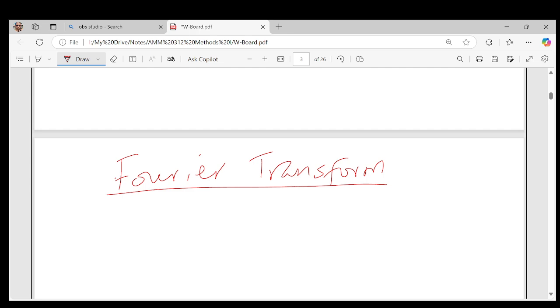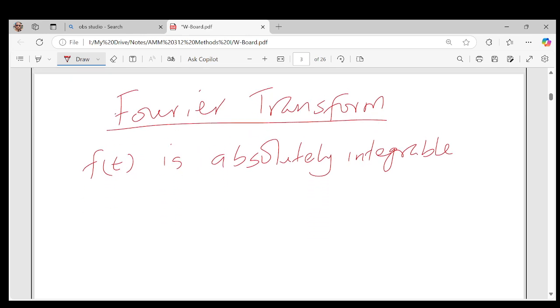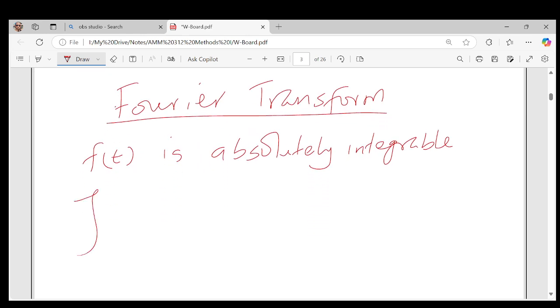So if we have a function f of t which is absolutely integrable, then its Fourier transform exists. We usually denote this Fourier transform of f of t by this.